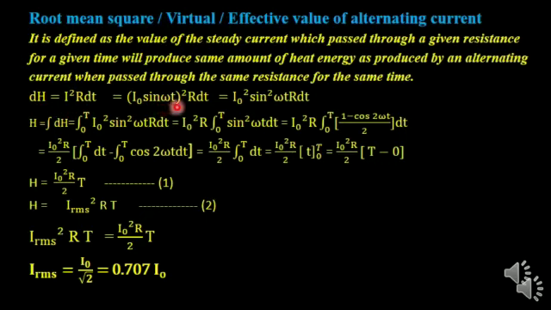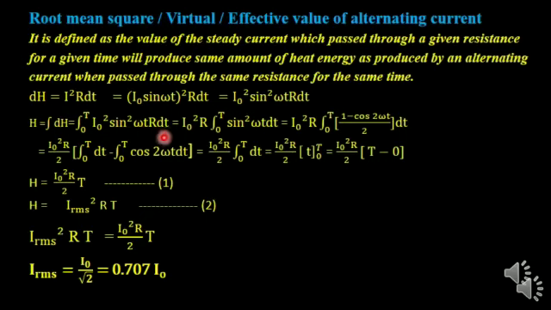Thus, dH equals I0 sin omega t whole square into R into dt, which is I0 square sin square omega t R dt. So, heat produced in full cycle is H equals integral dH equals integral 0 to T I0 square sin square omega t R dt.